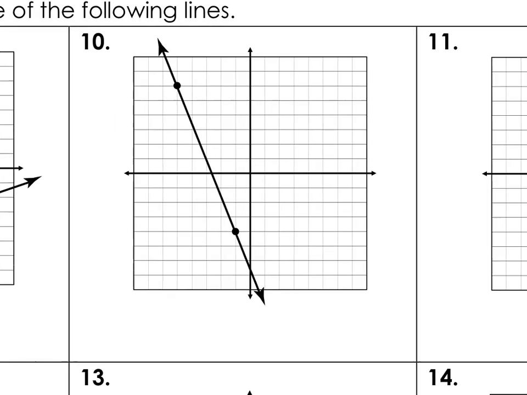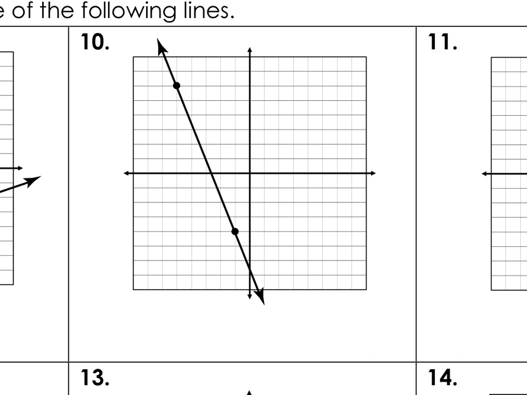Number 10. My slope is rise over run. I think I'm going to start up here and work my way down this time. 1, 2, 3, 4, 5, 6, 7, 8, 9, 10. I'm just trying to get to the same level as that point right there. Since I went down, it's going to be a negative, so it's -10.